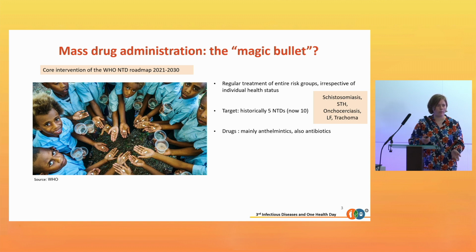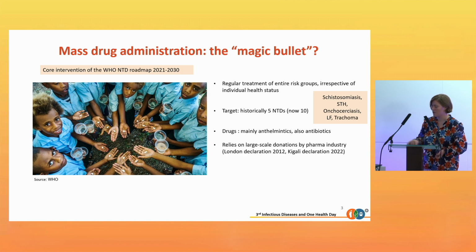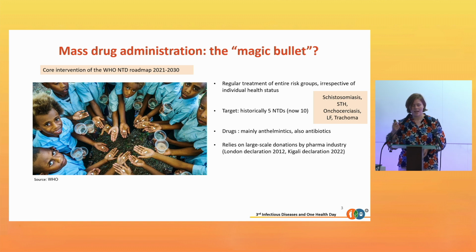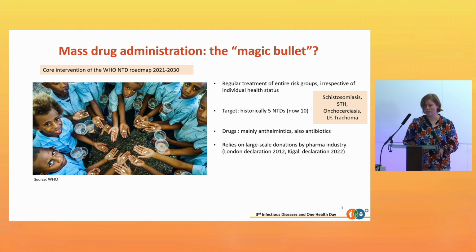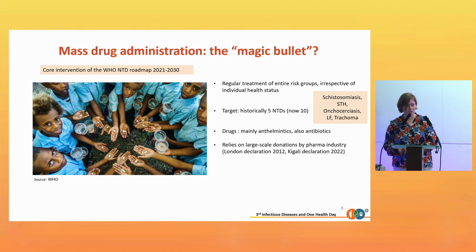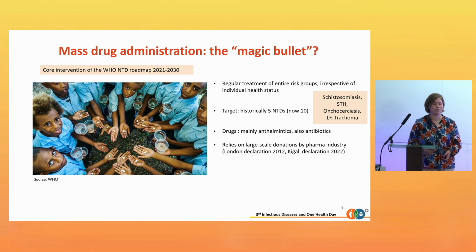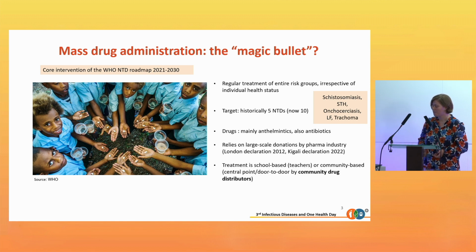The drugs are mainly antihelminthics, but there are also antibiotics used, and it relies on large-scale donations by the pharma industry. It was started with the London Declaration in 2012, and has been reiterated recently with the Kigali Declaration.